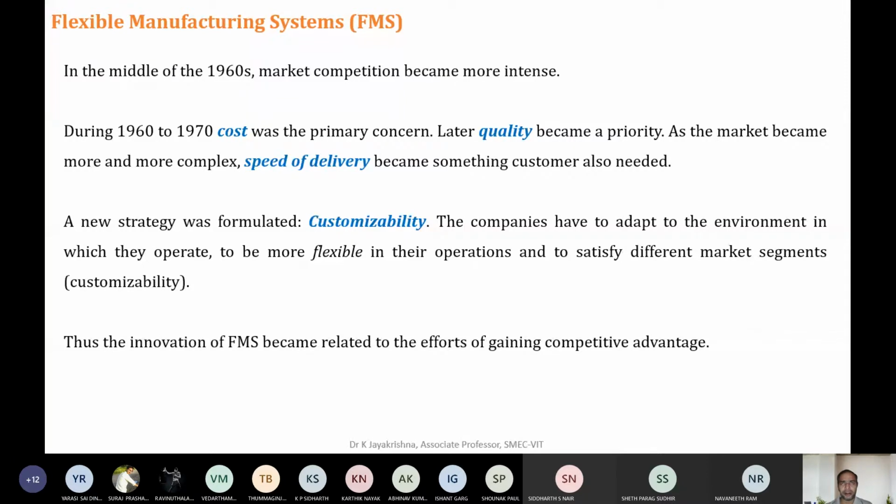Over a period of time, speed of delivery took on another meaning and led to an advanced concept called dash, right? We will fill it in later. So how quickly you can deliver the product to the customer is called speed of delivery.